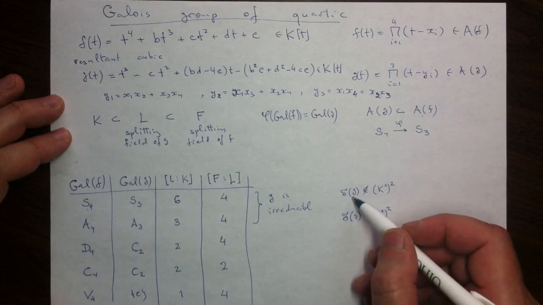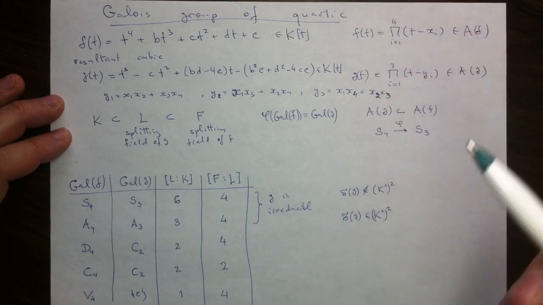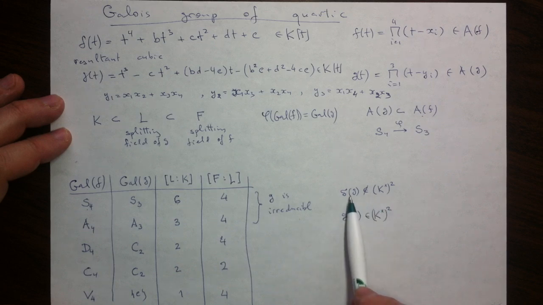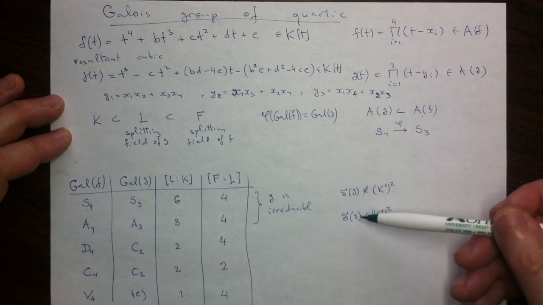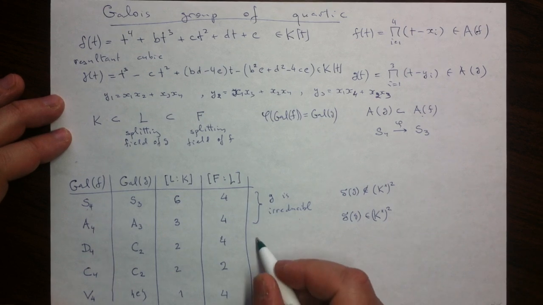The discriminant of the resultant cubic is the same as the discriminant of the original polynomial, so you could really say that in the first case, the discriminant of the original polynomial should not be a square. All other cases will have this discriminant being a square. So let's look at the other possibilities.